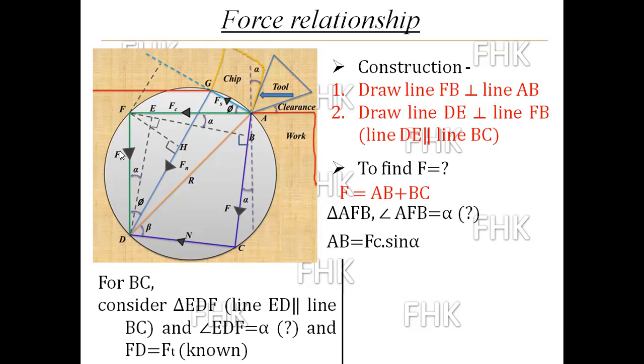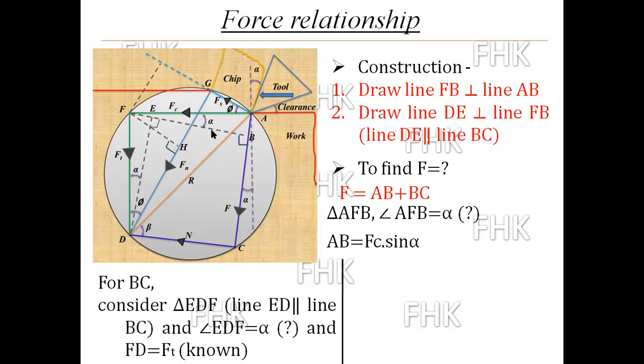Because the value of FT is known here. Again, this ED line is parallel to BC. So if I have to find BC, I will find DE. And this angle will become again alpha.